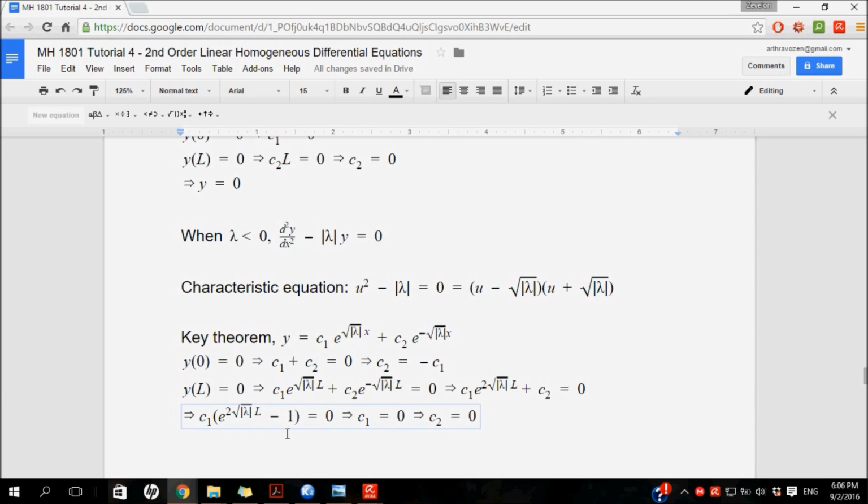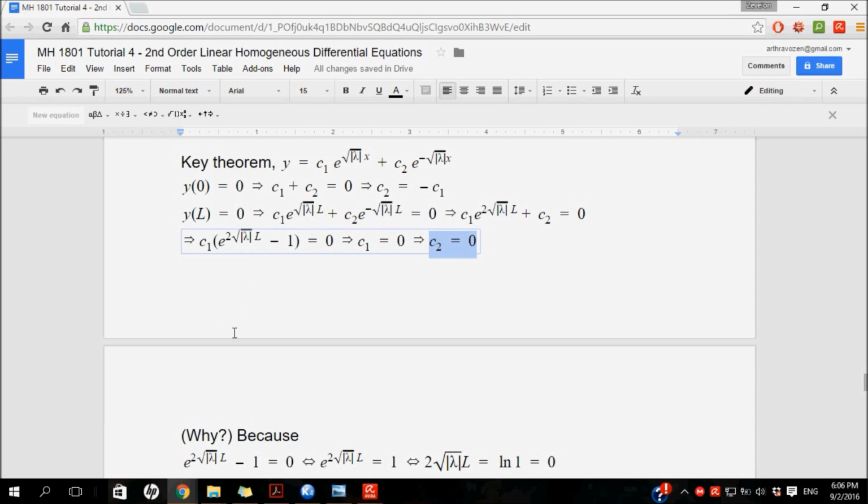So now I can draw an inference that C1 equals to 0, and if C1 equals to 0, then because C2 is minus C1, C2 is equal to 0 as well. Why is it true?